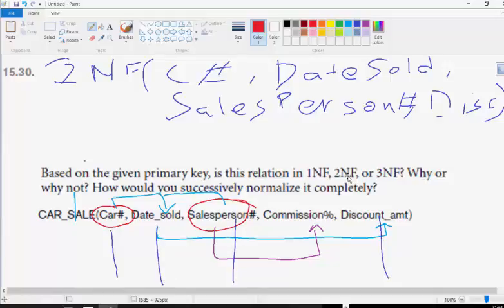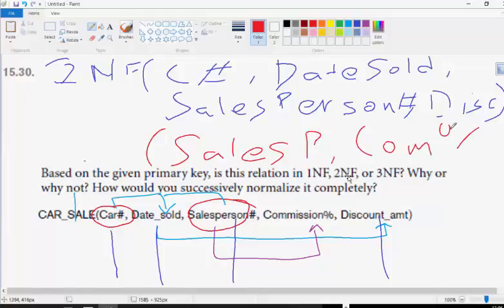And then the other table will have salesperson and commission percentage. So in second normal form, I'm going to get two tables, because I have to take out salesperson to commission. It has to leave, and when it leaves, the other table is just going to be without this one.